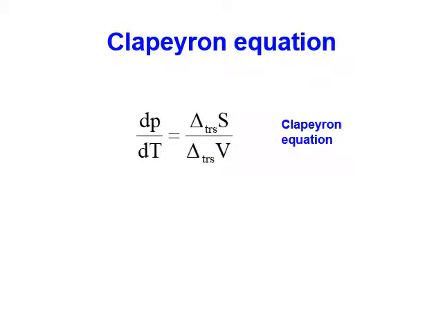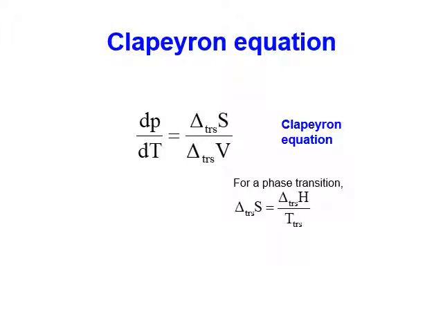The Clapeyron equation tells us that the slope of the phase boundaries can be calculated by the phase transition entropy divided by the phase transition volume. Now, in the last chapter, we learned that phase transition entropy can be calculated by the phase transition enthalpy divided by temperature.